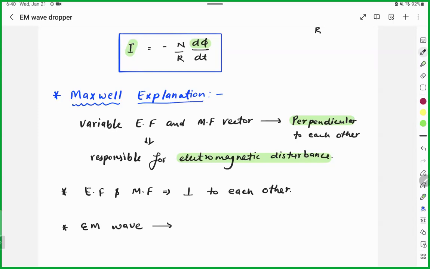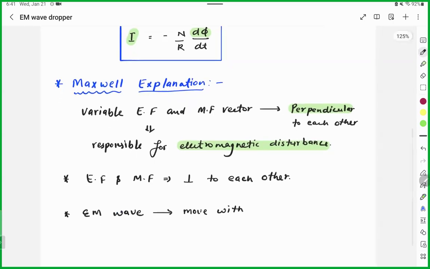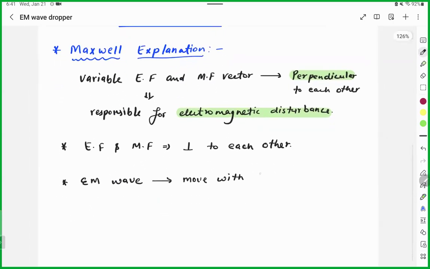Sarah, what could be the possible speed of the EM wave? It moves with the speed of light, 3 into 10 raised to power 8 kilometer per second.